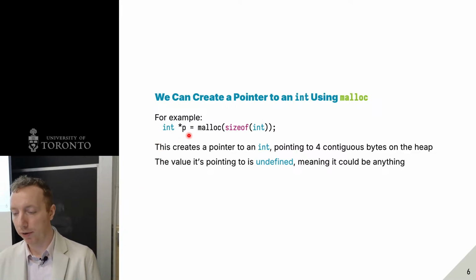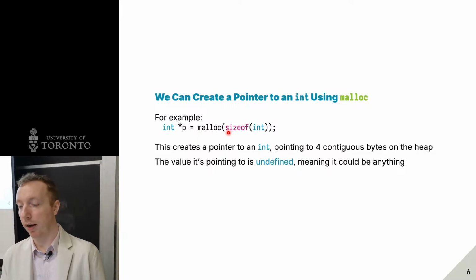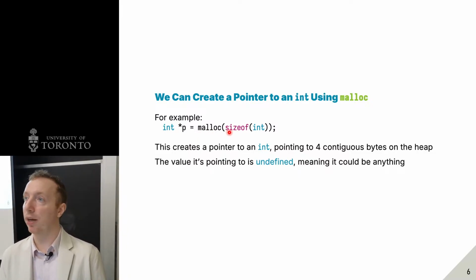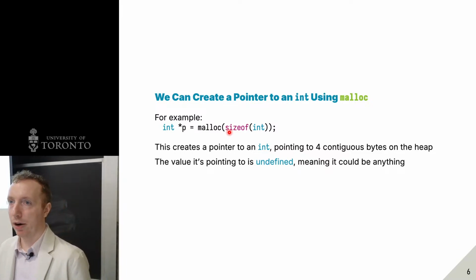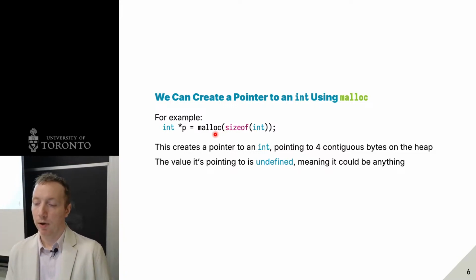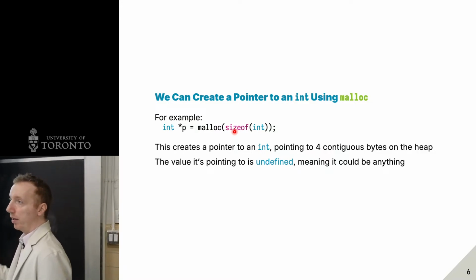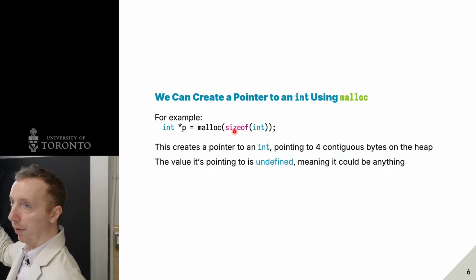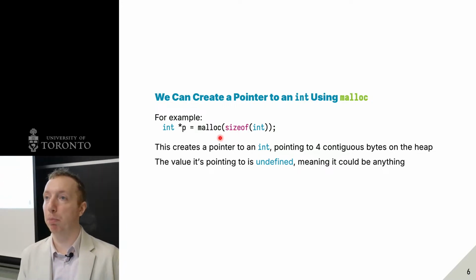So for example, how you would write something like that is I would malloc sizeof, so sizeof becomes important now because we don't actually want to remember how big our types are, right? So we can just use sizeof. So malloc(sizeof(int)) says I'm requesting memory that can hold enough bytes to hold an int all in a row, and it returns you a pointer.